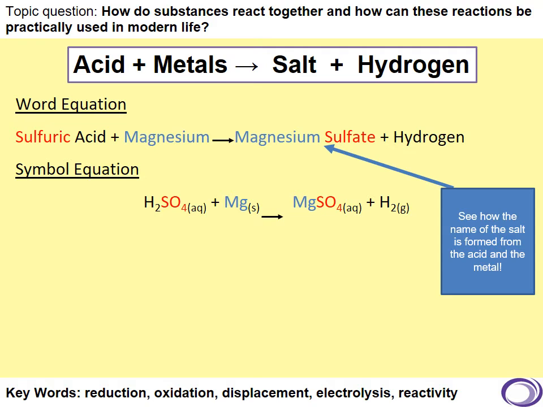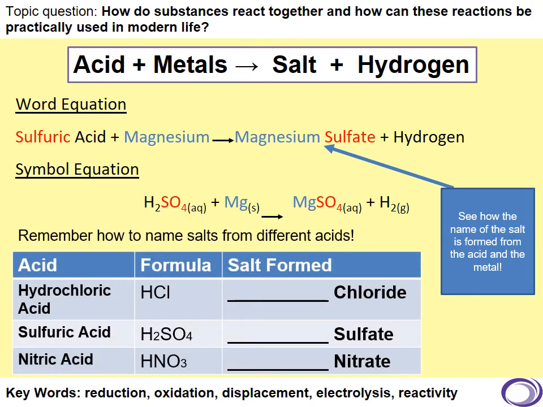So the second part of the salt comes from the acid: hydrochloric acid will form chlorides, sulfuric acid will form sulfates, and nitric acid will form nitrates. And then the first part of the salt name is whatever metal was in either the pure metal or the metal compound.